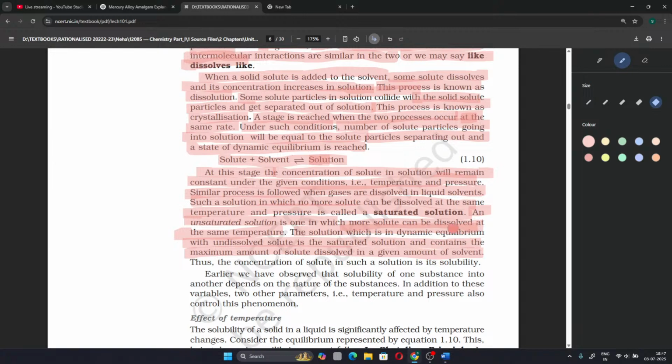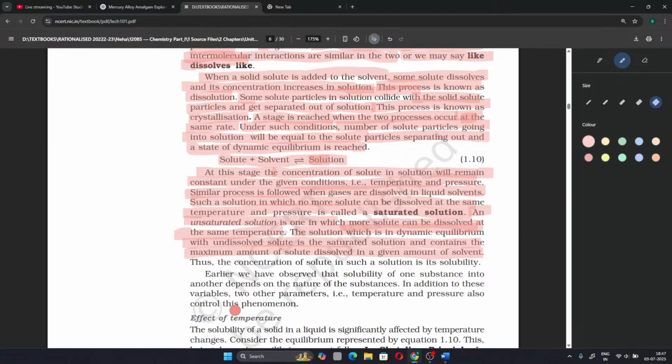The solution which is in dynamic equilibrium with undissolved solute is the saturated solution. Basically, they defined saturated and unsaturated solutions. Saturated solutions, at given temperature and pressure, cannot dissolve more solute, and unsaturated solutions can dissolve more solute.